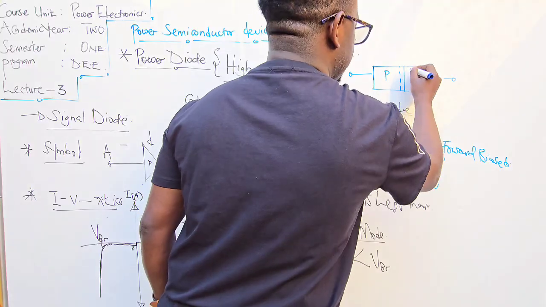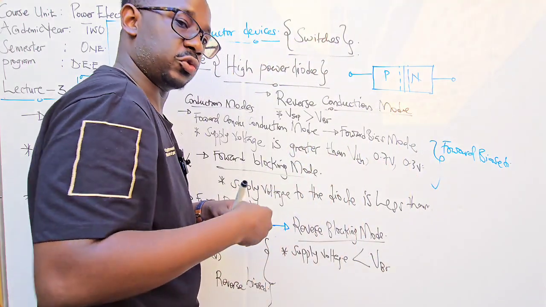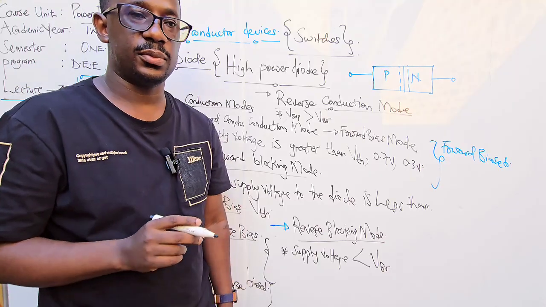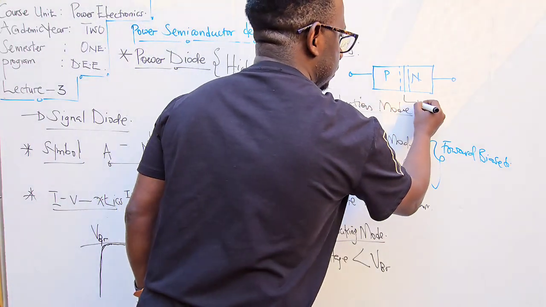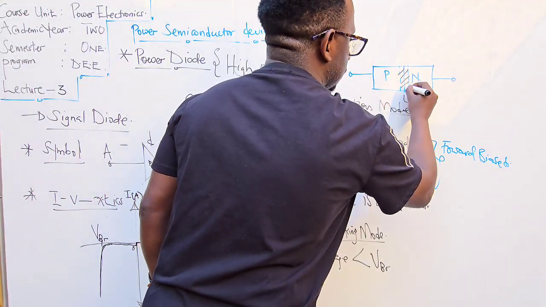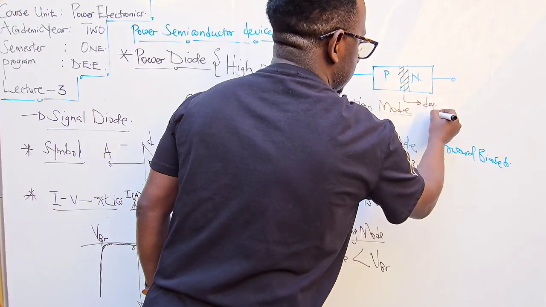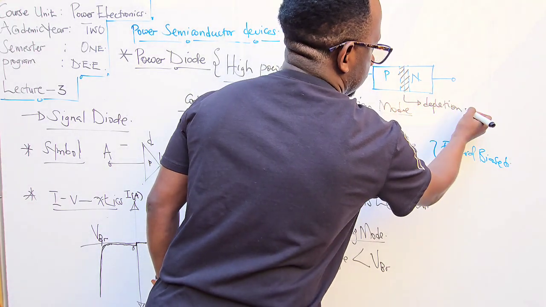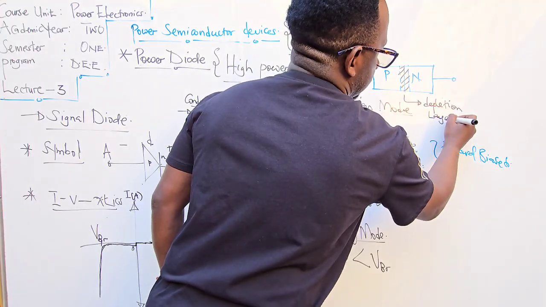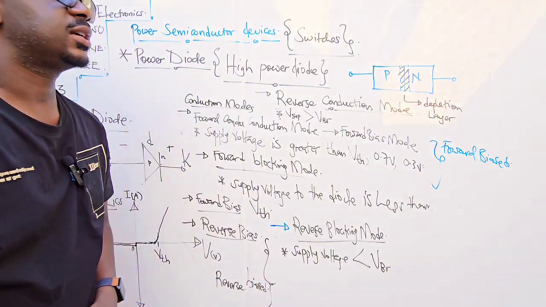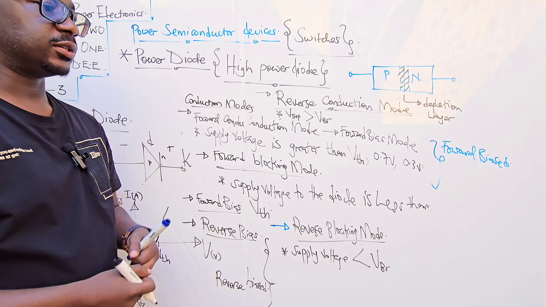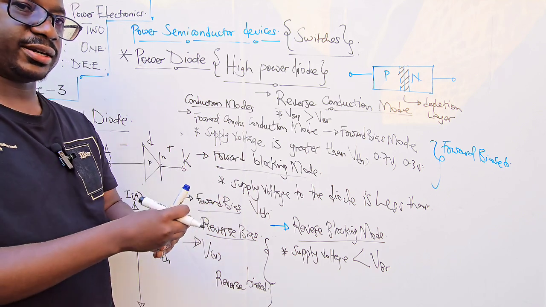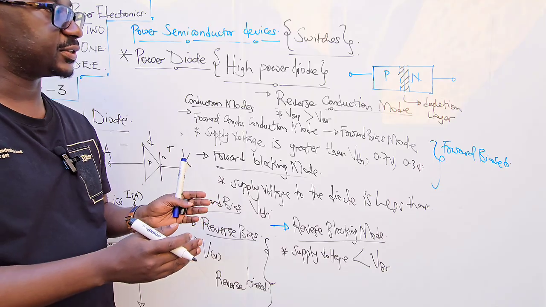In between, where these two substrates meet, we have what we call, let me shade it off, the depletion layer or region. That's a region which is depleted of mobile charge carriers. So that's how we end up with a potential difference.